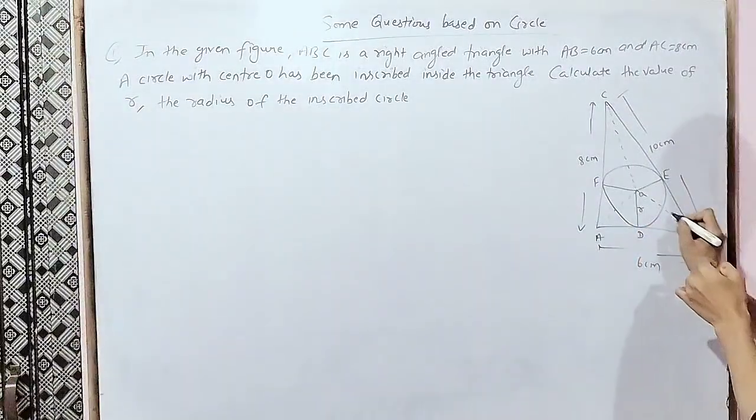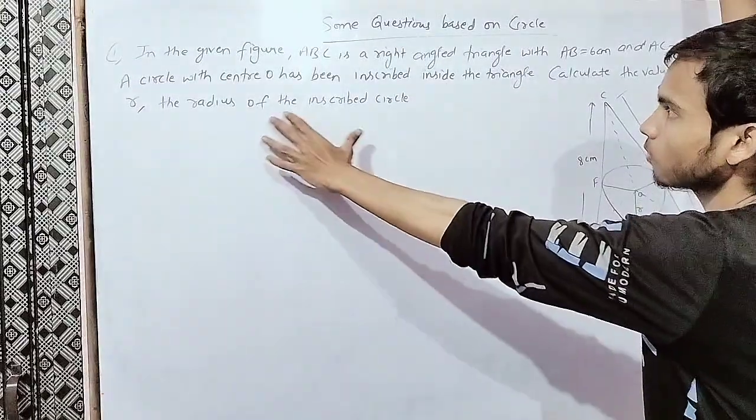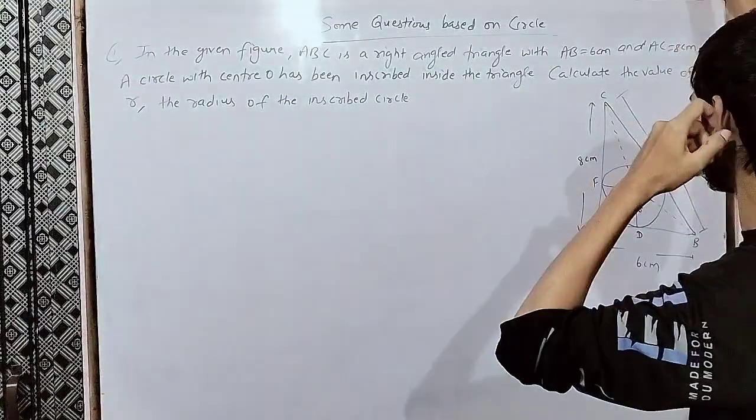Here this is one triangle AOB. This is another triangle BOC. This is a third triangle AOC. Inside the triangle you can see there are three triangles. Calculate the value of the radius, the radius of the inscribed circle.